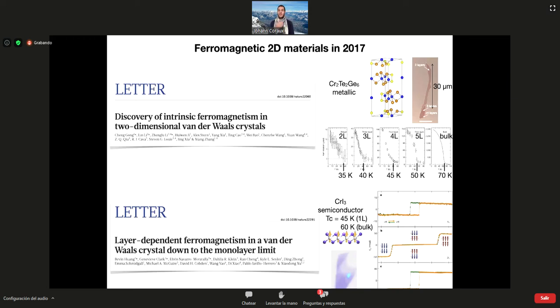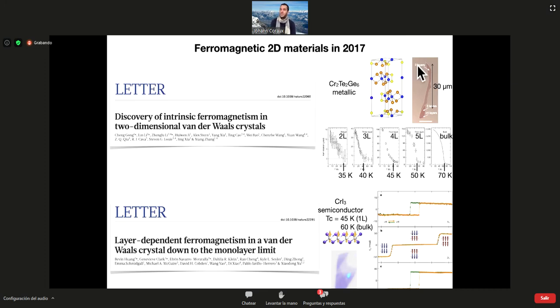All right, so we've already heard about these two famous papers, published back to back in the same issue of Nature, about the discovery of intrinsic ferromagnetism in chromium iodide here and chromium germanium telluride compounds here. These are exfoliated samples.